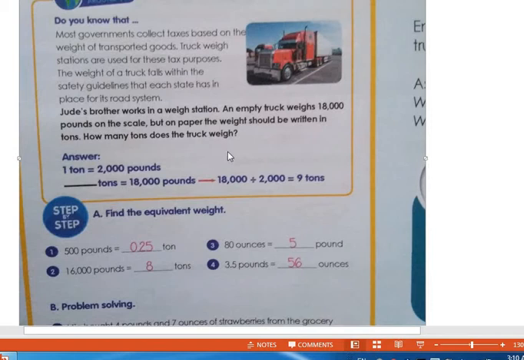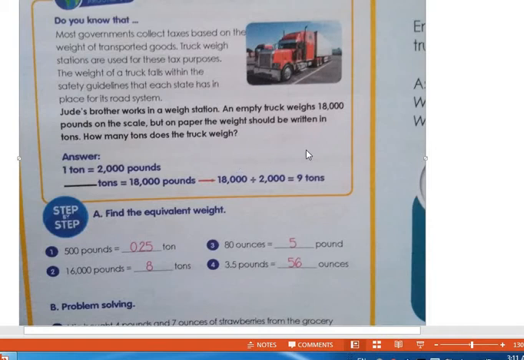Which unit of measurement is greater here, the pound or the ton? The ton is greater, so the pound is a smaller unit. So do we divide or multiply? Yes Liane, we divide.